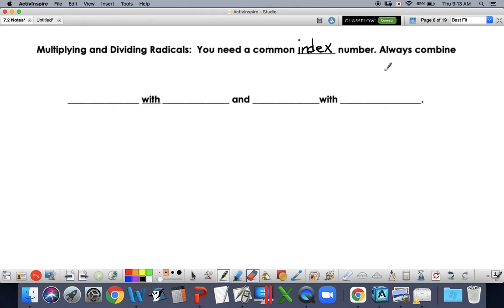I know we could use the fancy words like radicands, but I always remind students that you're always going to combine the outsides with the outsides and the insides with the insides. So we multiply our outsides together, multiply our insides together, and then simplify, always coming back to the simplification if it is possible.